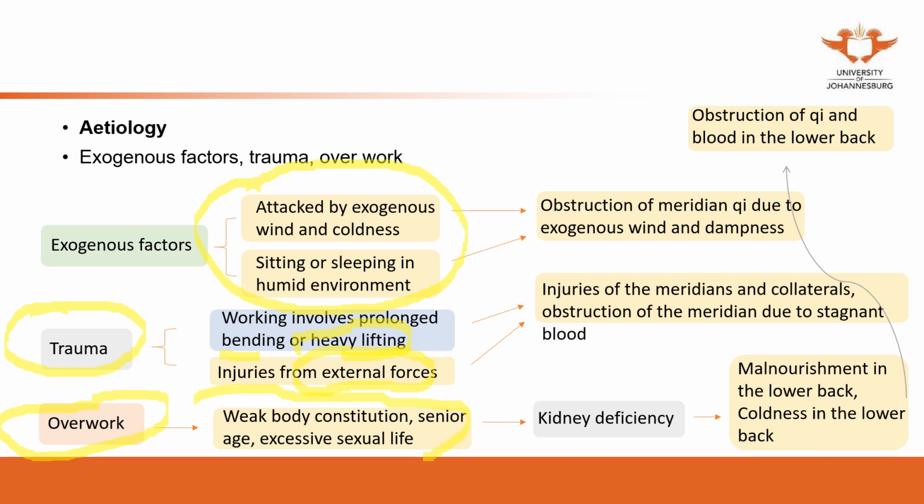So these will result in kidney deficiency. One of the most common manifestations of kidney deficiency is lower back pain and soreness in the lower back and the knees. So all these factors may result in obstruction of qi and blood circulation in the lower back.